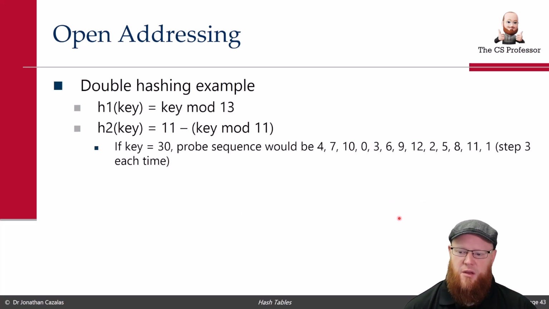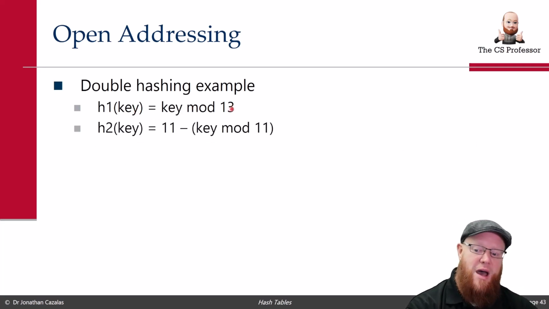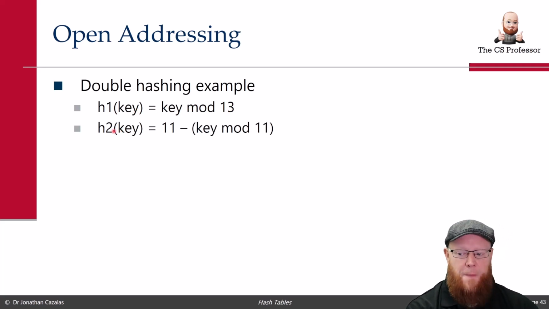So here, important to see, what if h1 of some key is key mod 13, and if we took our key and put it into a second hash function, which was 11 minus key mod 11.